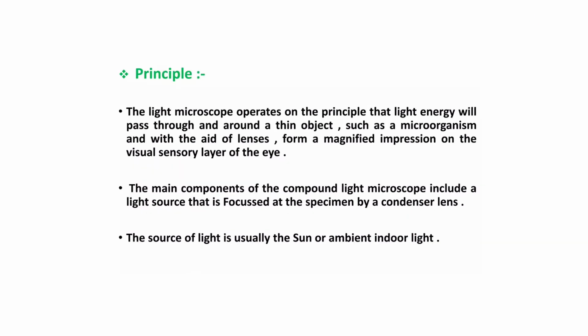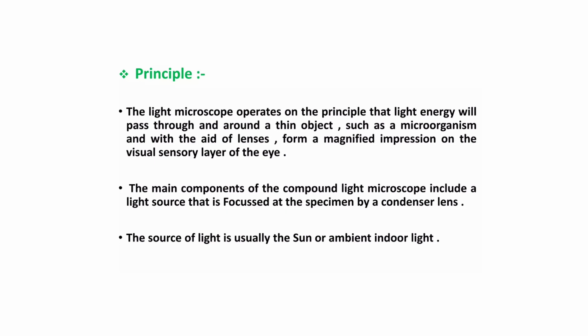The light microscope operates on the principle that light energy will pass through and around a thin object such as a microorganism, and with the aid of lenses, it forms a magnified impression on the visual sensory layer of the eye. The main components of the compound microscope include a light source that is focused at the specimen by a condenser lens.